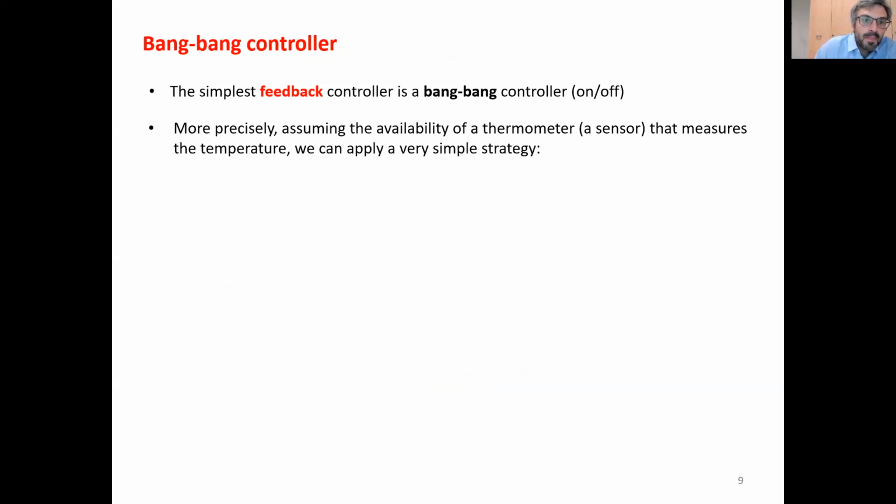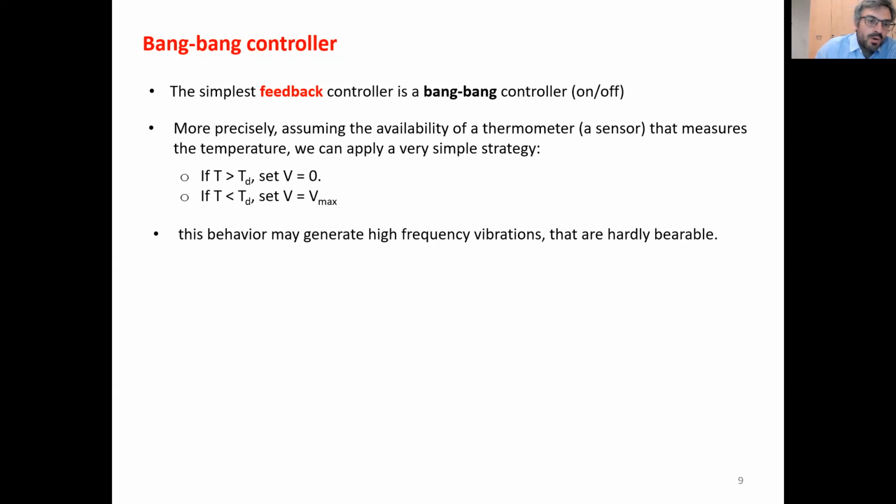With a sensor that measures the temperature, a very simple strategy is to switch off if the temperature becomes higher than the desired value, and switch on at maximum voltage whenever the temperature is below the desired value, which is what we actually have in our houses. However, this behavior might generate high frequency vibrations that are very bad, very annoying.